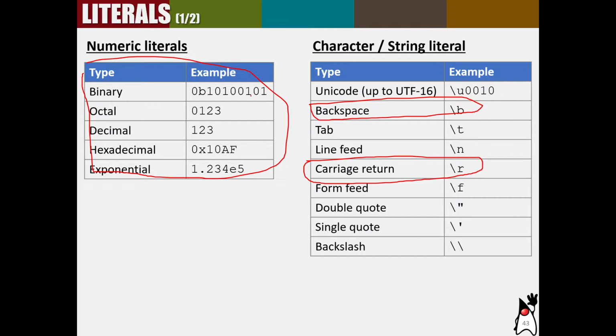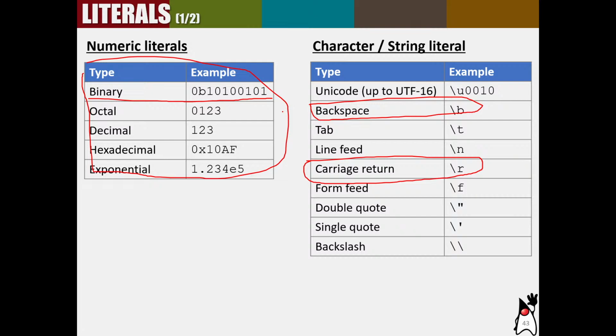So before that, how do you interpret this? Can you give me the exact number in decimal format for this binary line? 10100101. What will be the decimal value?